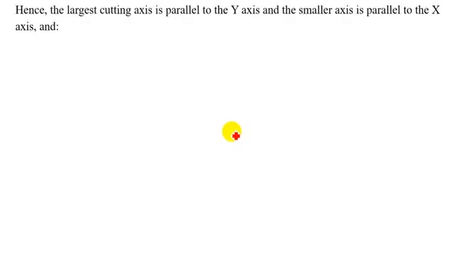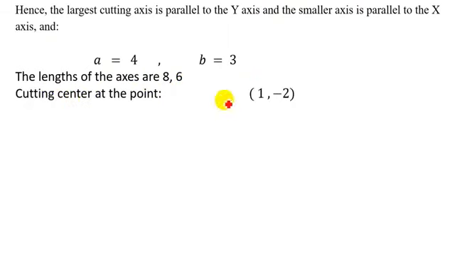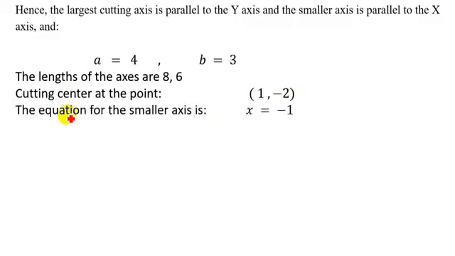Hence the larger ellipse axis is parallel to the y axis, and the smaller axis is parallel to the x axis. So a equals 4, b equals 3, the lengths of the axes are 8 and 6, the ellipse center point is 1 and minus 2, the equation of the smaller axis is x equals 1.